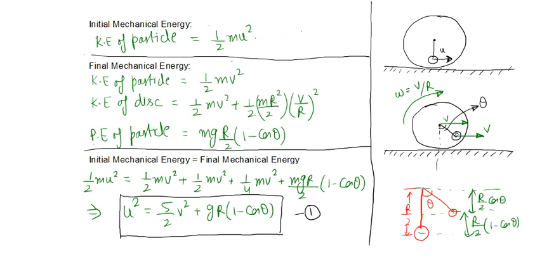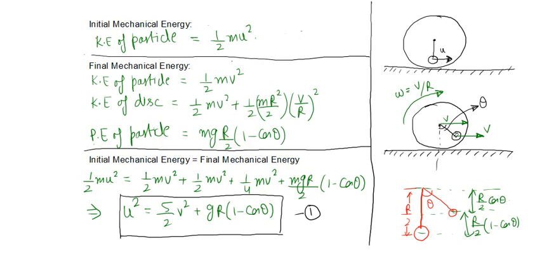Okay, and finally the vertical distance is r by 2 cos theta. So the amount by which the particle has moved vertically upward is given by r by 2 into 1 minus cos theta. So particle, because it has moved in upward direction, it has gained some potential energy, and if I assume potential energy of the particle in the initial situation to be 0, then gain in potential energy of the particle will be mgr by 2 into 1 minus cos theta.